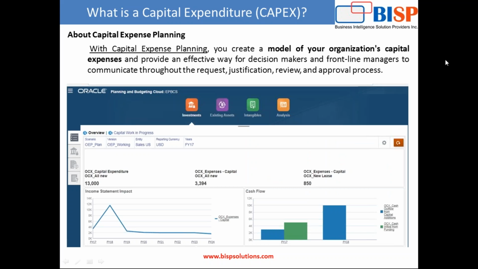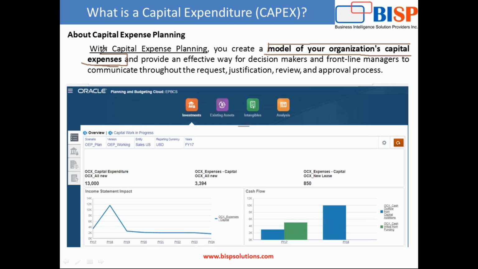So what about the context of the planning capital expense module? In capital expense planning, we create a model of the organization's capital expense.